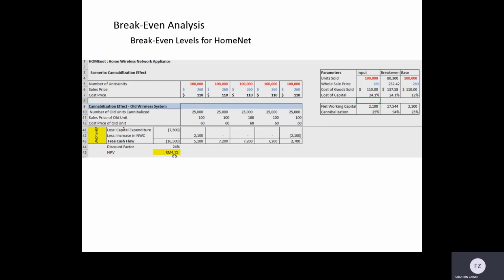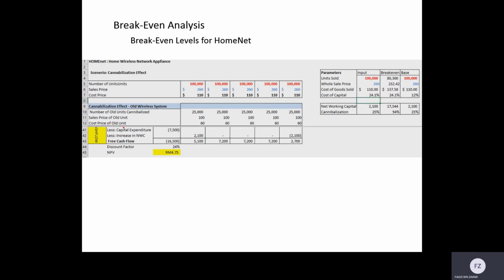These are the things you can do to figure out to what extent you can change any of these variables, keeping all the other variables the same, and to what level it can be tolerated where the company simply breaks even.